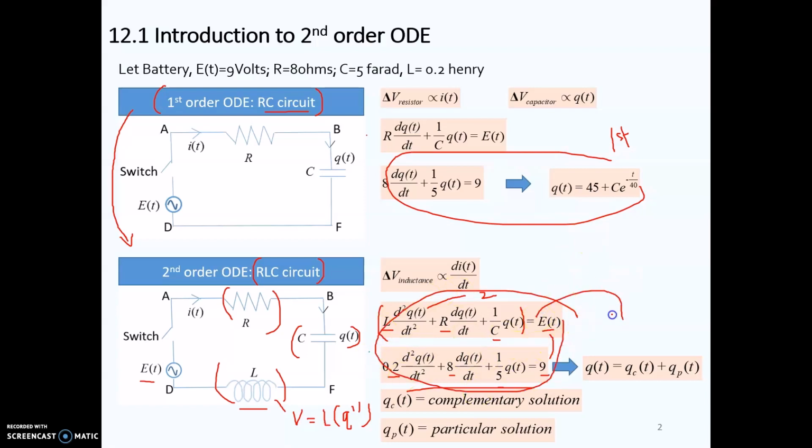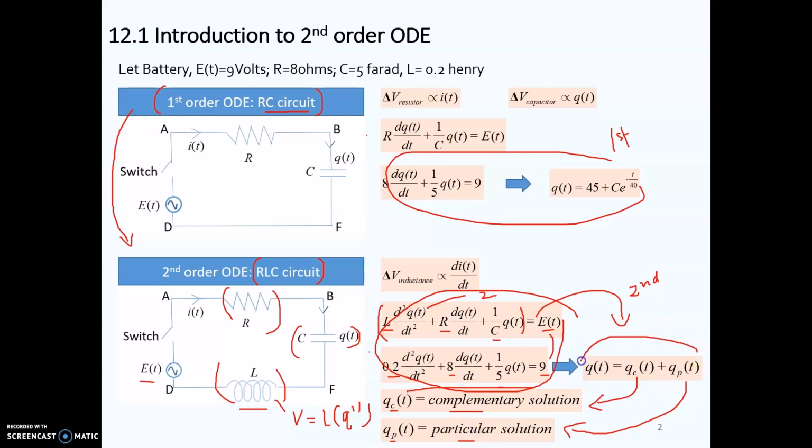To solve the second order ODE, first of all, you must recognize that the solution is comprised of two parts. One part of the solution is called the complementary solution, and the second part of the solution is called the particular solution, where the c is indicating the complementary solution and p is indicating the particular solution.